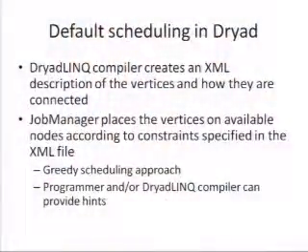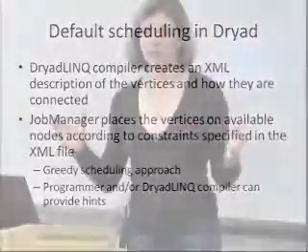Okay. So Dryad has a dataflow graph of the program. How does it actually take each of the nodes and decide where to run them? It uses a greedy scheduling approach, so it just looks at the next available machine and the next runnable node and schedules it there.